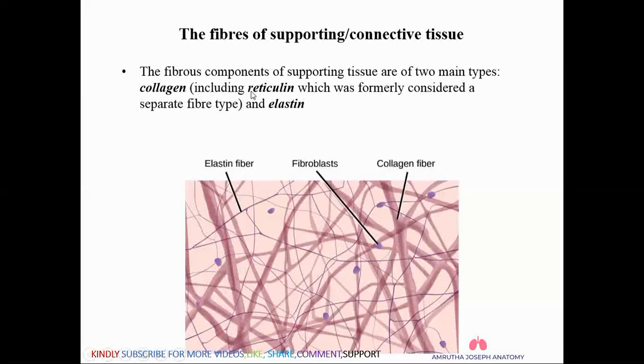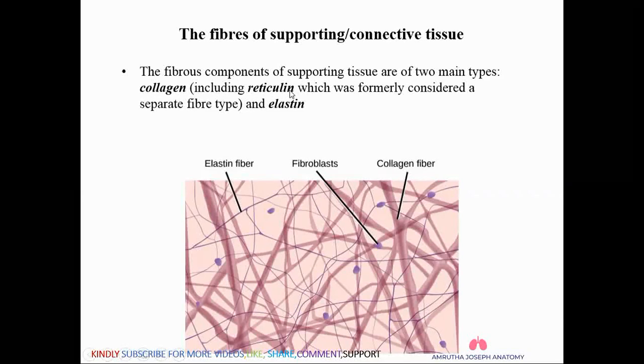And there is one more fiber which was earlier thought to be a separate fiber, called reticulin fiber. But now we know it is actually a collagen fiber. It's a type of collagen fiber. So the main classification is collagen fibers and elastic fibers.